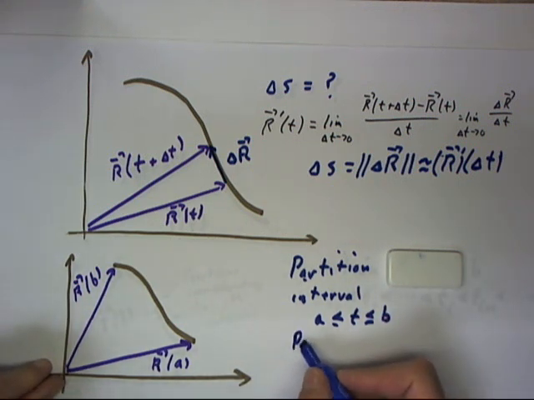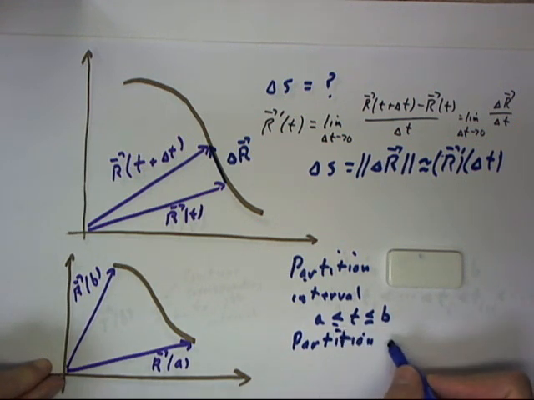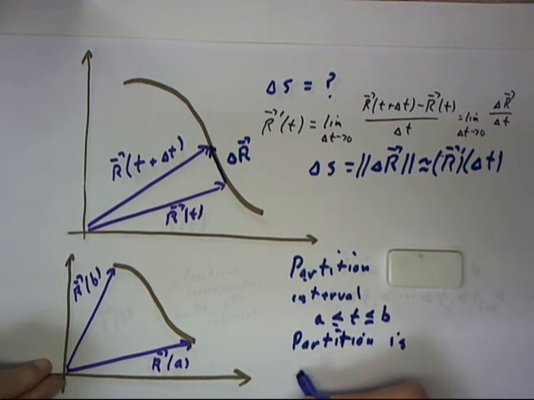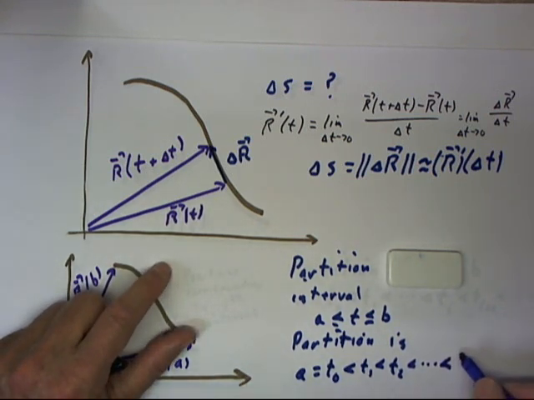So the partition itself can be written like this: A equals T sub 0, which is less than T sub 1, less than T sub 2, and so forth. Somewhere in the middle we'll have a typical interval that runs from Ti to Ti plus 1. And finally, we end up with T sub n, which equals B.